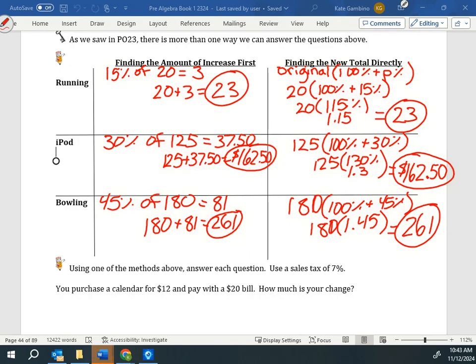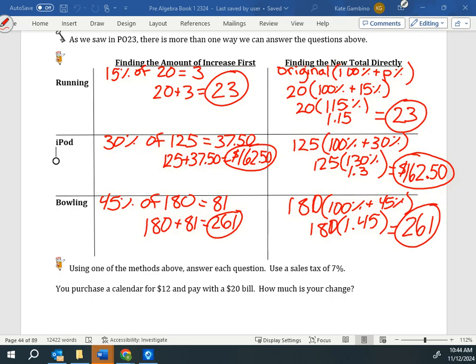So using one of the methods above, you're going to answer each question. You're going to decide to yourself, which one works with me? Do I like to find that amount of the increase and then add it on, or do I want to use the formula where I'm adding the percentage to 100% and multiplying it? Doesn't matter which way you use, they're both valid methods and get you the exact same answer.